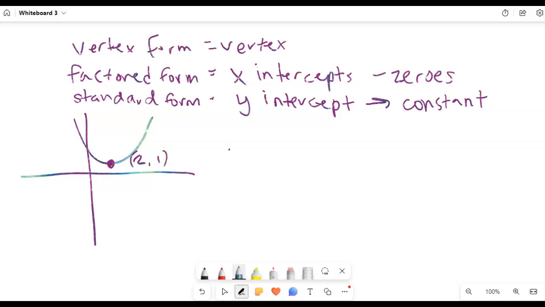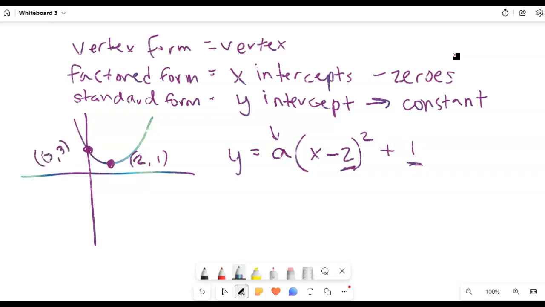I can start my equation and write my equation as y equals a, because we don't know what the coefficient is here, times (x minus 2) squared plus 1. Using my vertex, putting in 2 and 1 into my vertex form. Now I can solve for a to know exactly what that is if I have another point. So let's say somebody said, oh, well, actually, the y-intercept is (0, 3). Now I have an x and a y value, then I can substitute into this equation to find a.